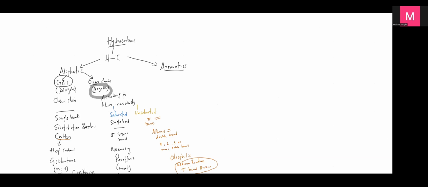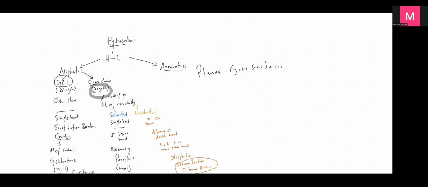So the aromatics are going to be planar cyclic substances.